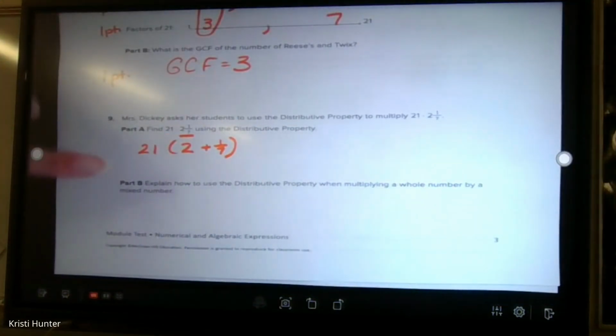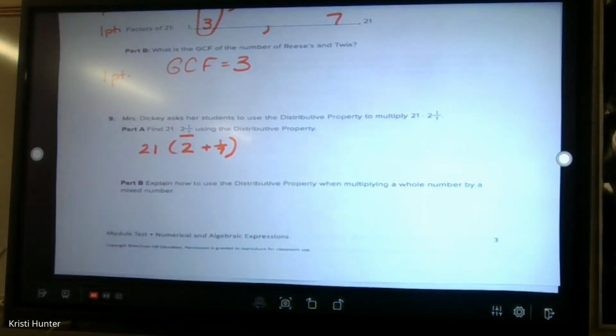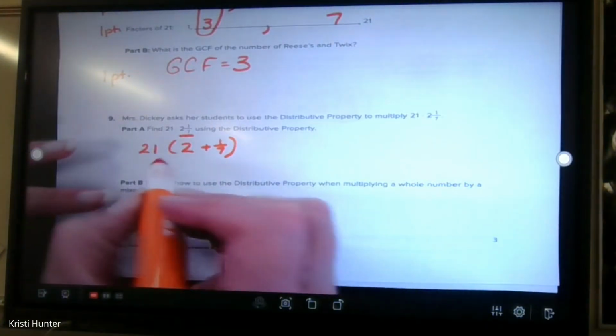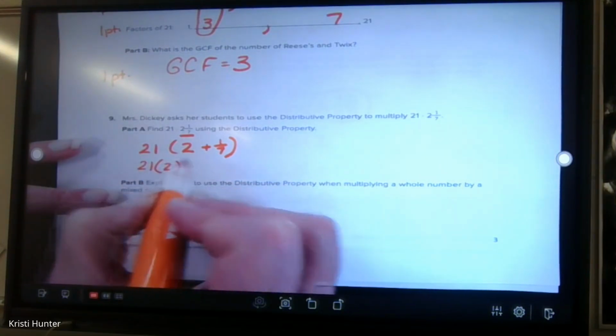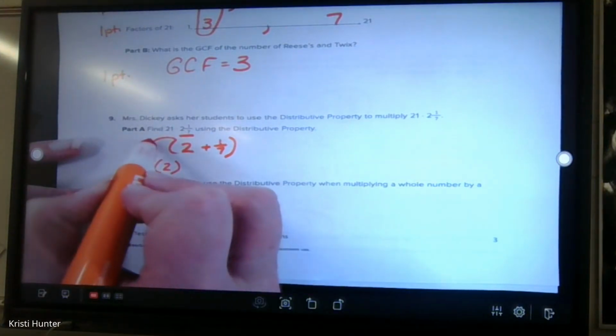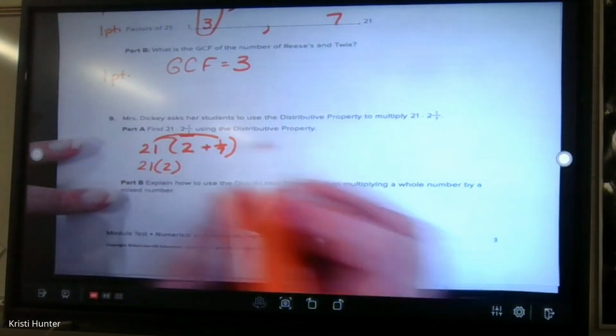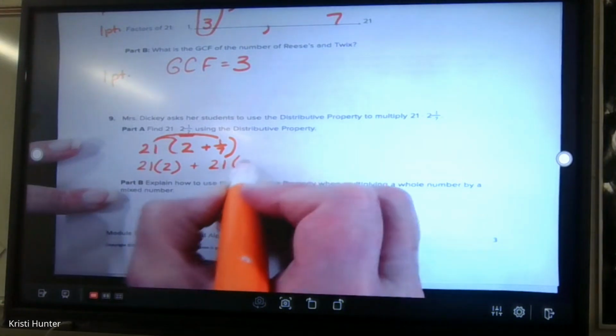This is the same thing, except it's already pushed together. We now are separating it. Remember, distributive property says I need to do it to both of them. So 21 goes to the 2, and 21 also gets multiplied by the 1/7.